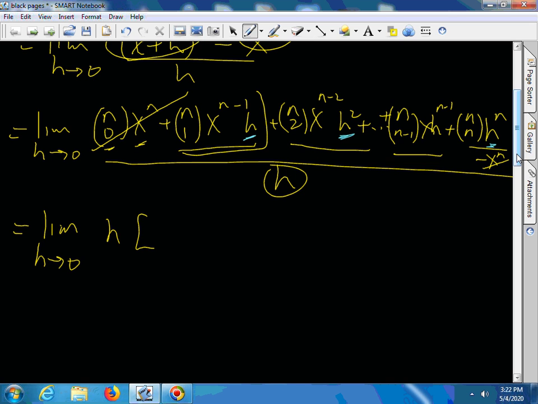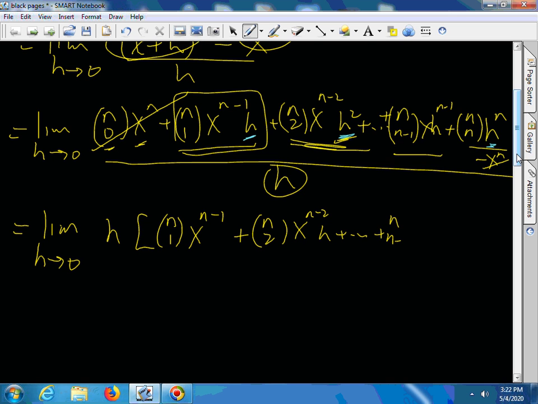So I'm going to get this with an h factored out, n choose 1, which is n, x to the n minus 1, plus this with an h factored out, n choose 2, x to the n minus 2 times h, all the way down to n choose n minus 1, x h to the n minus 2, and that's 1 times h to the n.